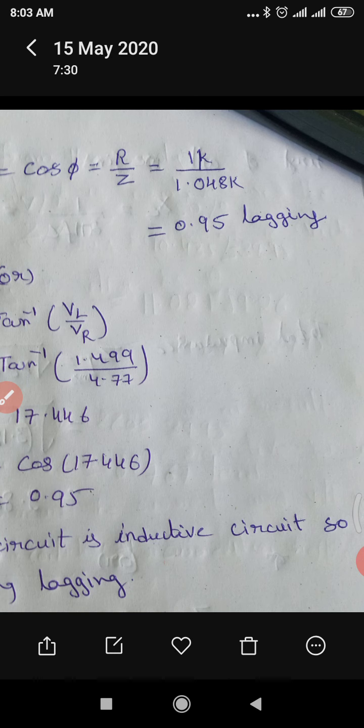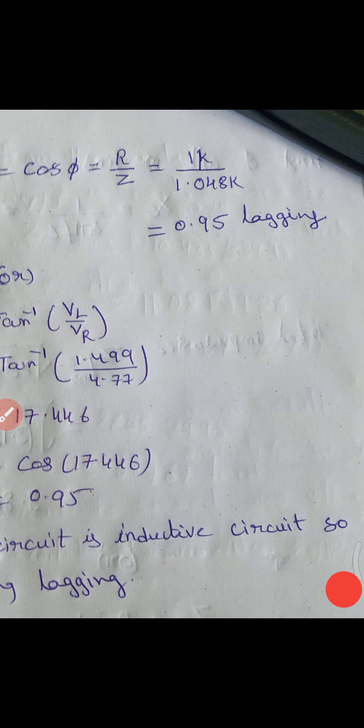After that we have to check whether the given values are inductance and capacitance values, or directly capacitive reactance and inductive reactance values. Sometimes they give L and C values, sometimes they give XL and XC values directly.